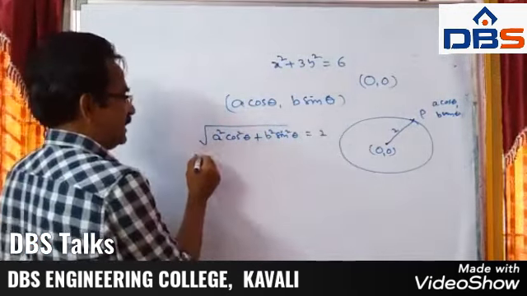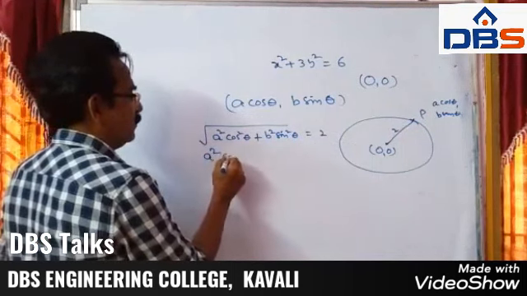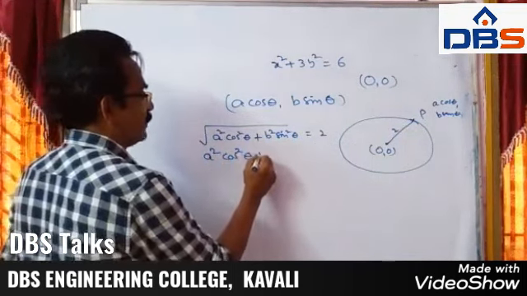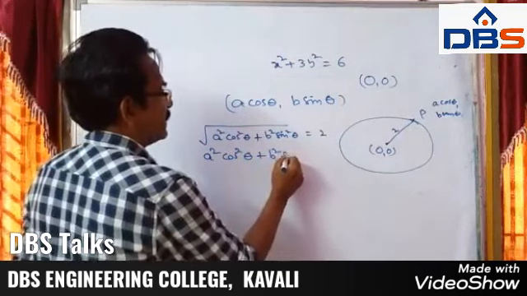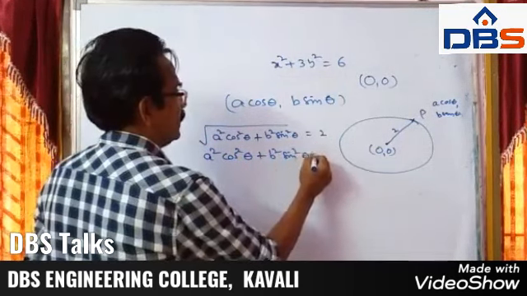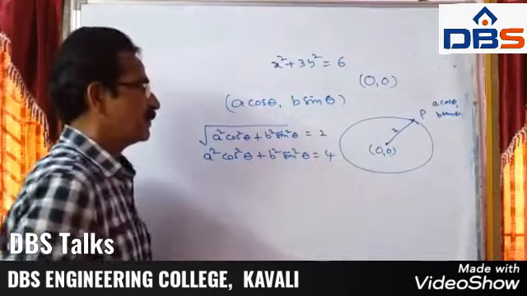Squaring on both sides, a square cos square theta plus b square sin square theta is equal to 4.